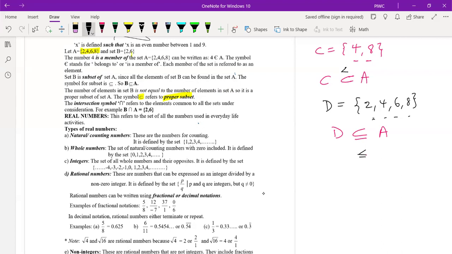So the number of elements in D is equal to that of A, right? If you think about it that way, that also helps you to remember. So a proper subset has to be less than. When it's a regular subset, then it could be less or equal to, right? If you think about it that way, it helps you to remember.